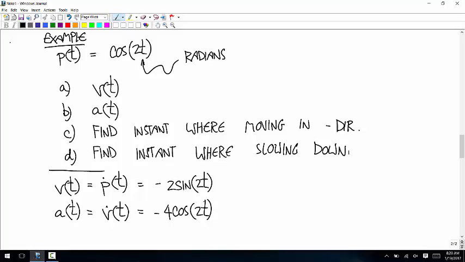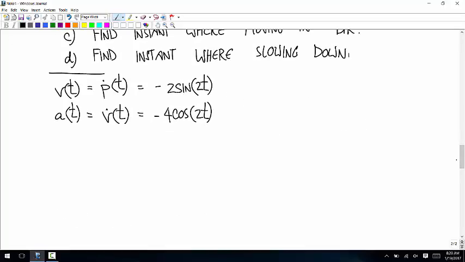So now, one way to do this is to just plug in a bunch of numbers into your calculator until you get an instant where the velocity is negative, and then another instant where velocity and acceleration have opposite signs. But I think the best way to think about this is to plot out these functions.